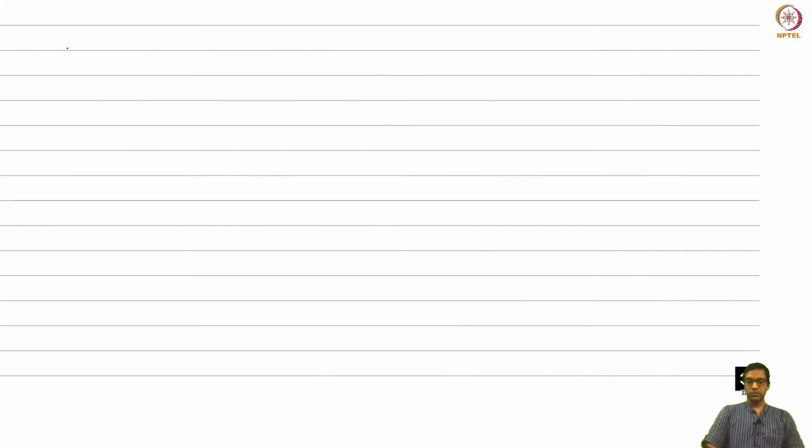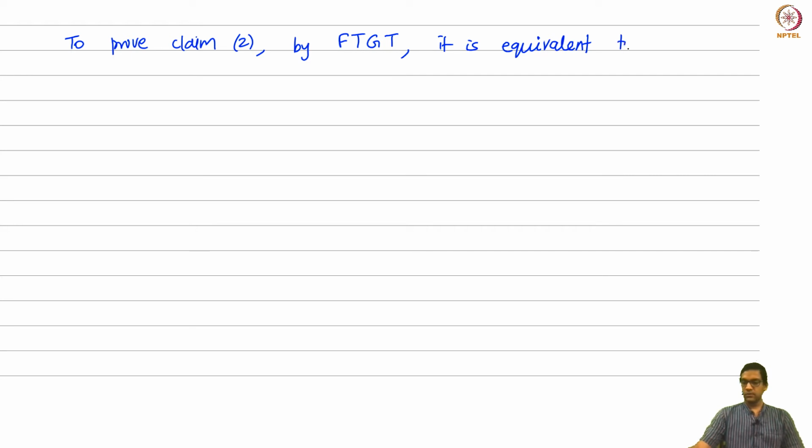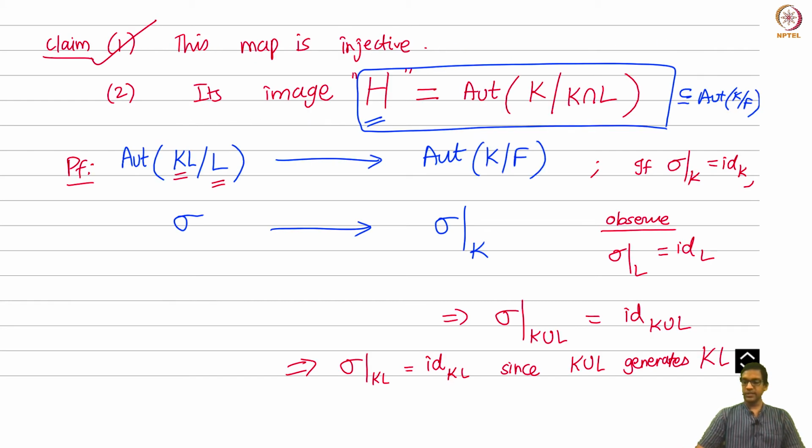So to prove claim 2, by the fundamental theorem of Galois theory, it is equivalent to proving the following assertion: that the fixed field of H is the same as the fixed field of the other group, which was K intersection L in this case. So we need to say that these two things are exactly the same.